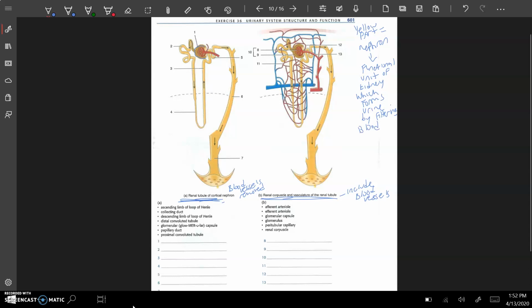Okay, so the blood is coming in, kind of like right in here, and it's going to get filtered into number one, which is going to be called the glomerular capsule, also called Bowman's capsule.